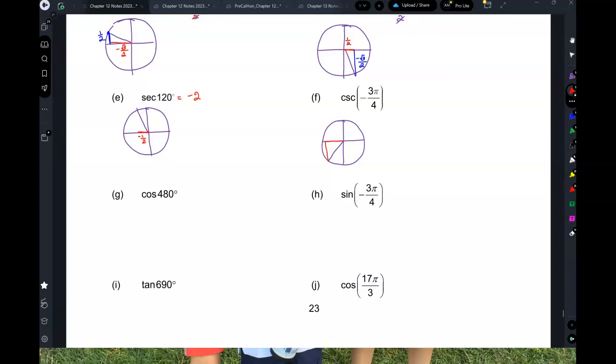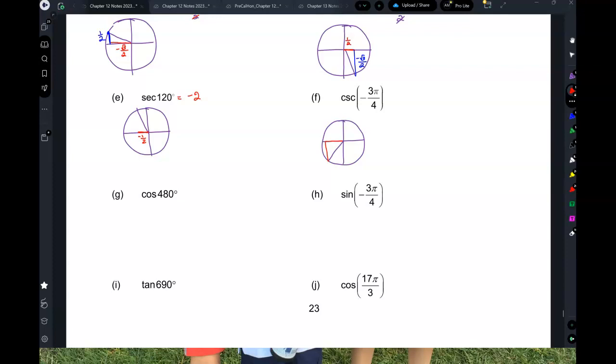So now, is cosecant sine or cosine? Sine. So now, is it positive root 2 over 2 or negative root 2 over 2? Negative. Why? Because in order to get to this point, you have to go vertically down from the origin, right? So it's negative root 2 over 2.